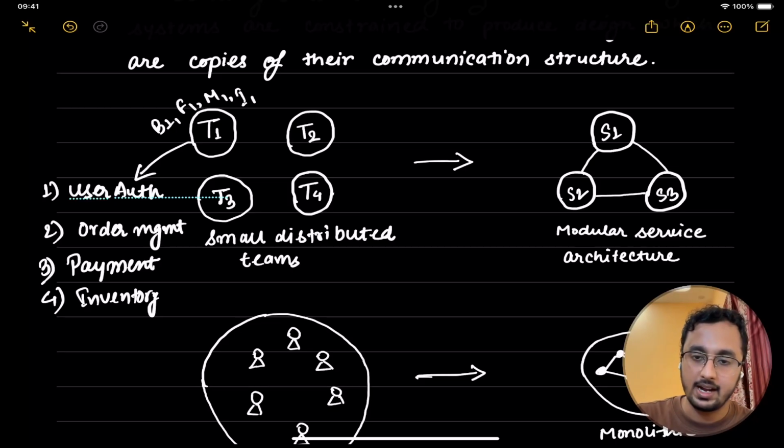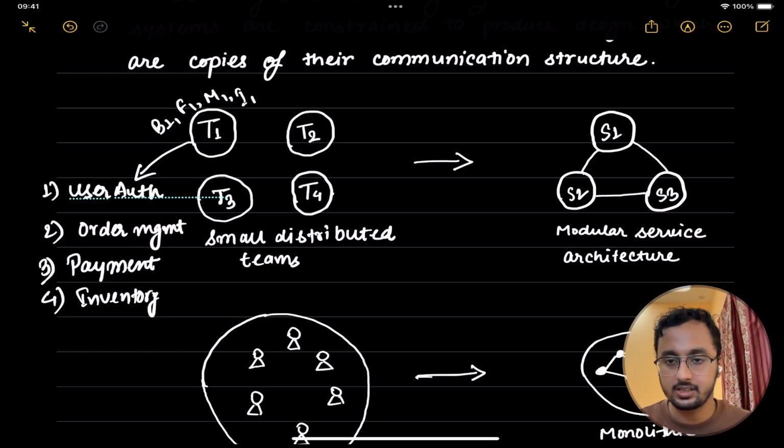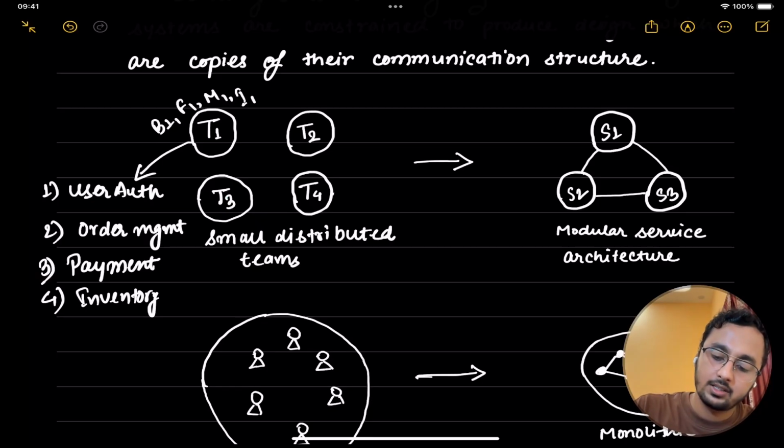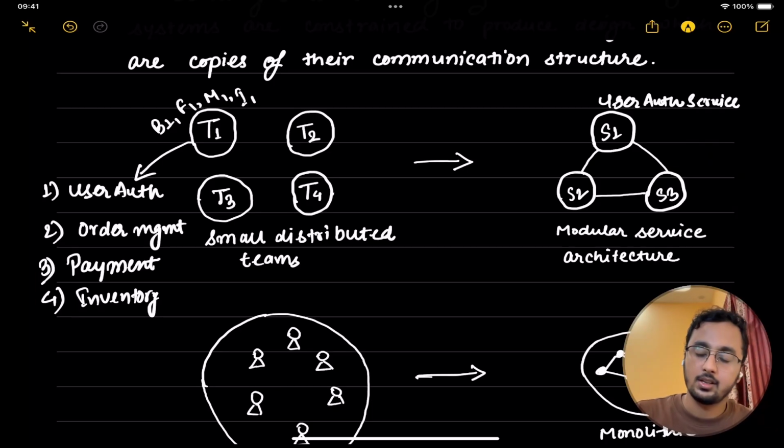And I1, the infra person, once the change is done, is responsible to deploy that. So let's say this service one becomes the user auth service. It can contain everything related to user.